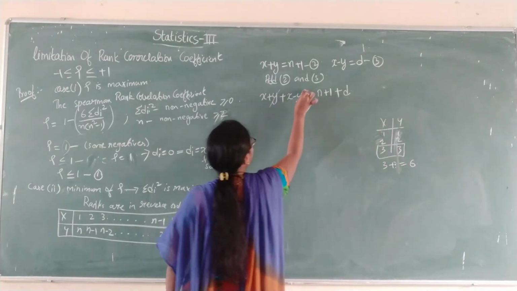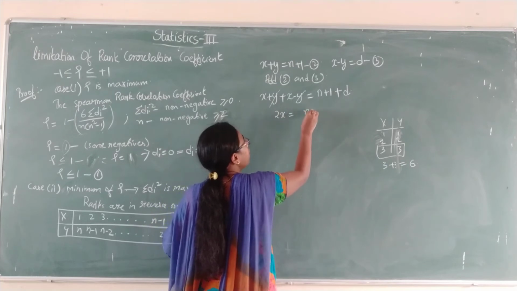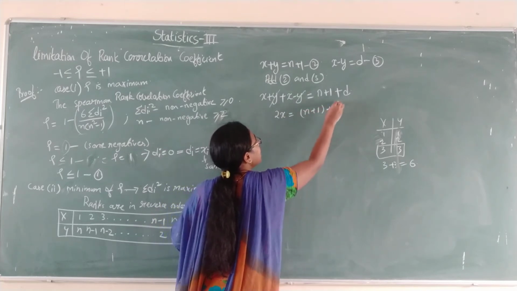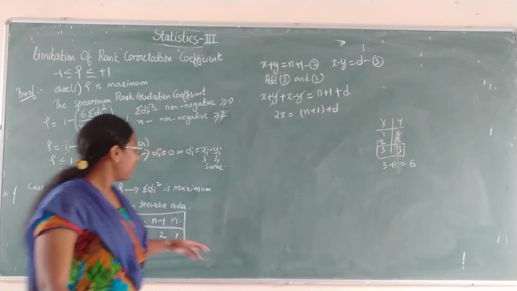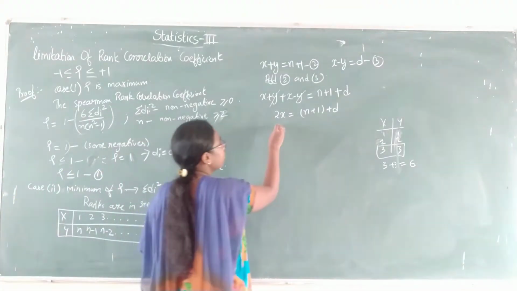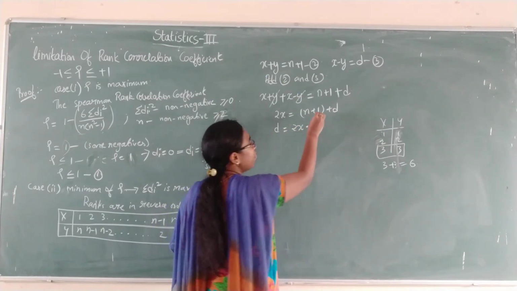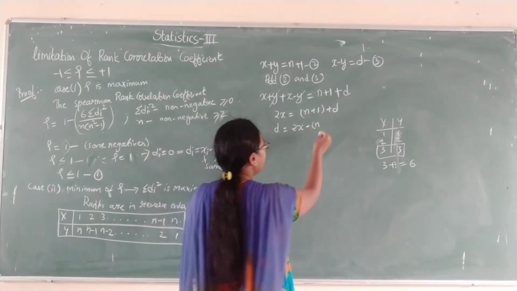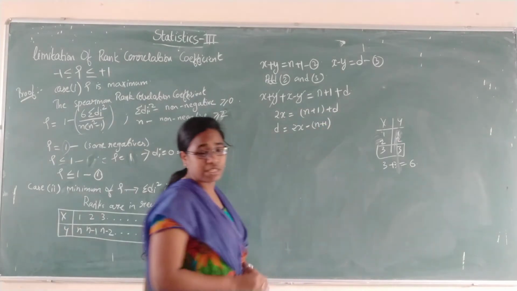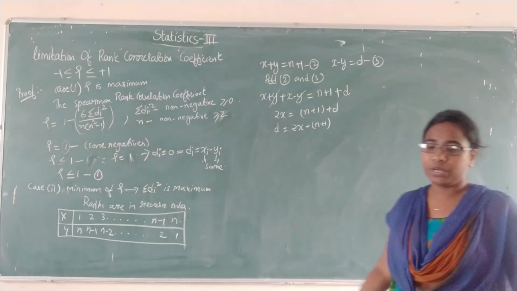If you observe, y and y get cancelled, you will get 2x equals n plus 1 plus d. Here we have to find the maximum of the d value, so I want only the d value. So d equals 2x minus n plus 1, shifting to the other side it becomes minus (n plus 1).